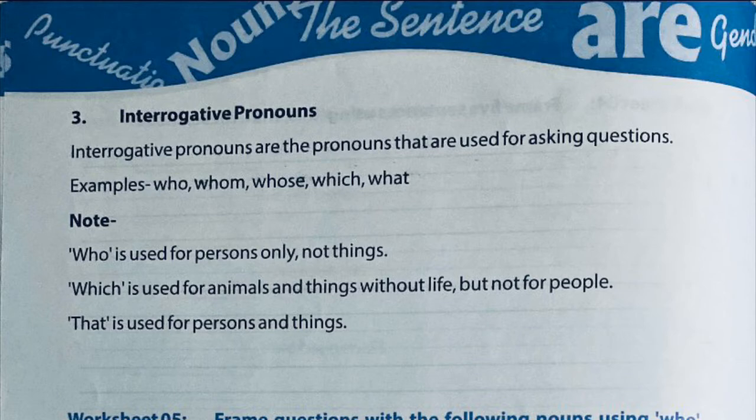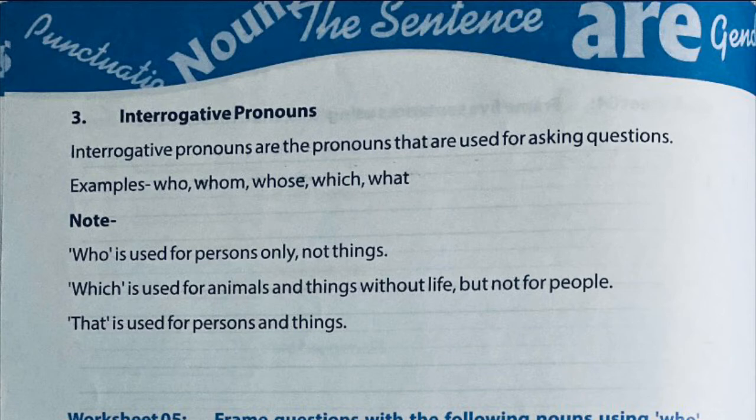Who and whom both are used for persons only, not things. Which is used for animals and things without life, non-living things, but not for people. That is used for persons and things, for both.